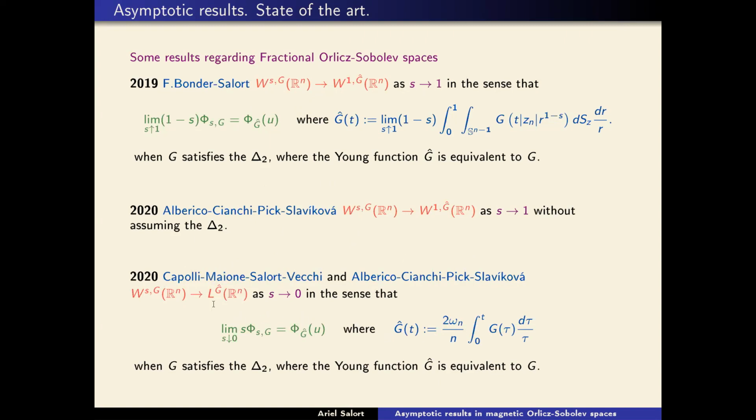And the convergence is in a similar sense as before: the modular of the space times a correction term goes to the modular of the limit space. Again, this function \hat G is a Young function and is comparable with the function G. In fact, in this second paper it was proven that this convergence is false if the function G does not satisfy the delta 2 condition, so it's a necessary condition.